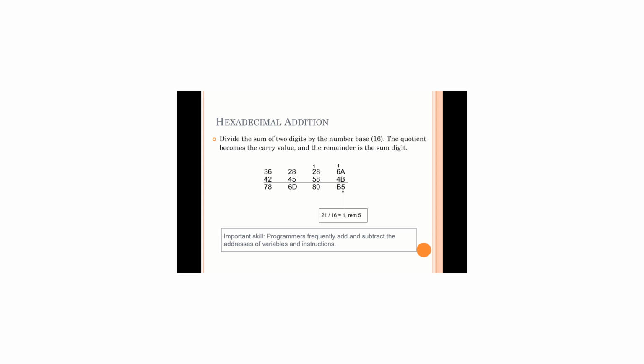So it's a pretty important skill that you need to learn, how to add and subtract the addresses of variables and instructions, because in assembly language, not only the values of a lot of numbers are displayed as hexadecimal numbers, the addresses of variables are also displayed as hexadecimal numbers.